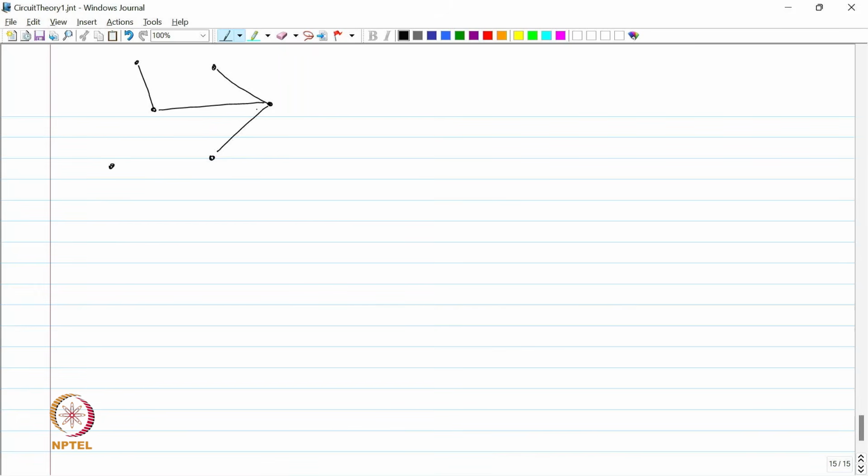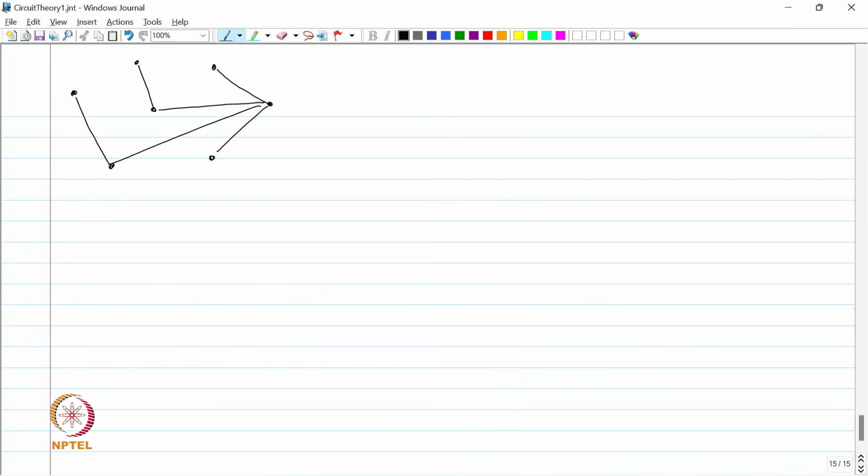I can't have any further branches, because anything further will create a loop. So, one extra node means one more branch in the tree. You start with 2 nodes, which has only one branch in the tree, and then keep adding one more node, one more branch in the tree.